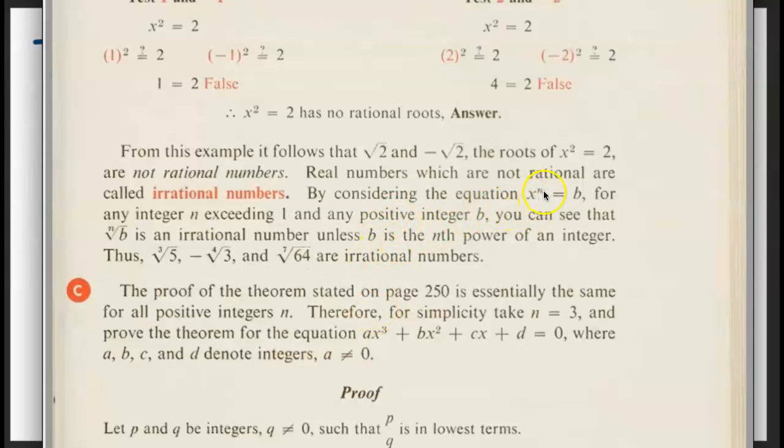Considering the equation x to the n equals b for any integer n exceeding 1, so whenever n is greater than 1, and any positive integer b, you can see that the nth root of b is an irrational number unless b is the nth power of an integer. The nth power of an integer. So think about 2, right?